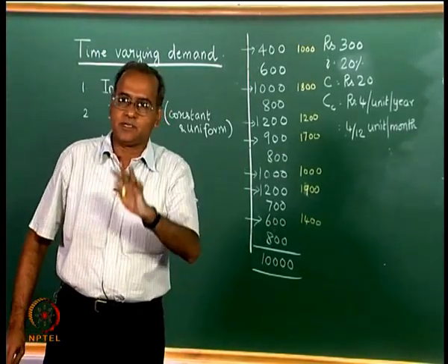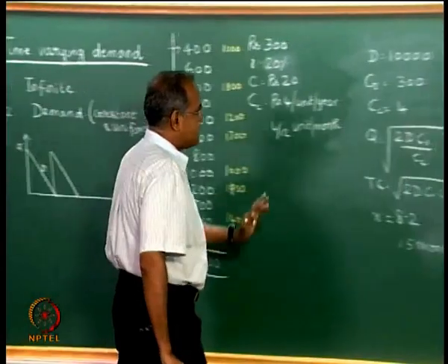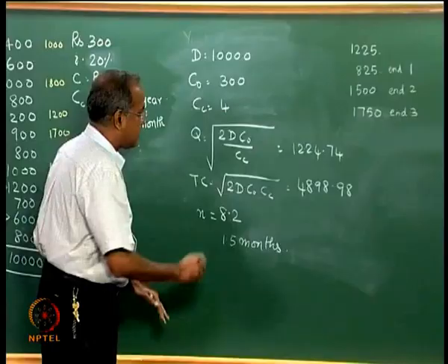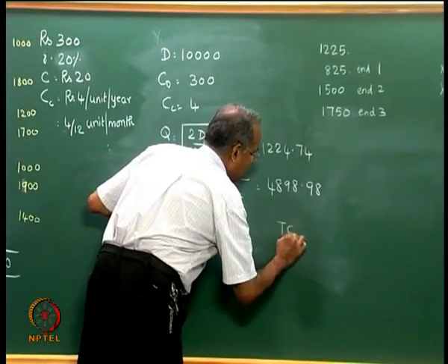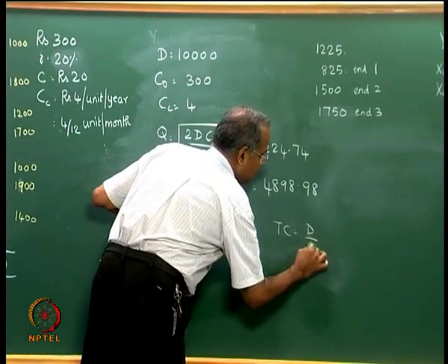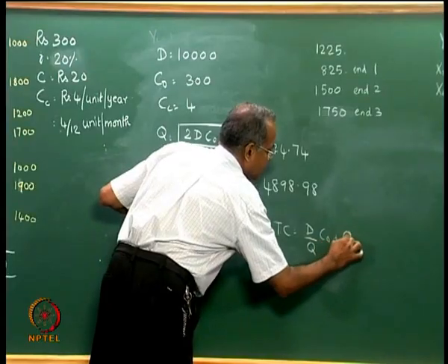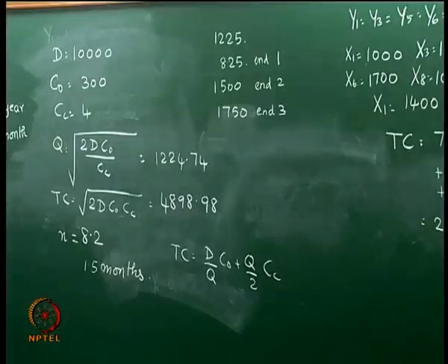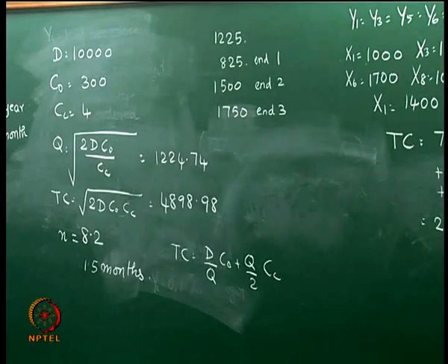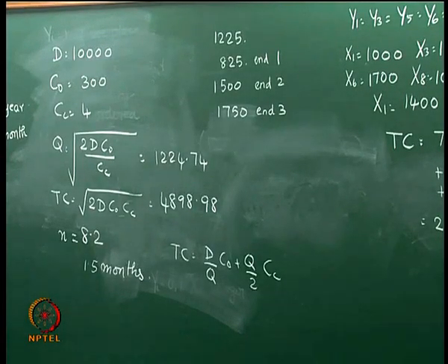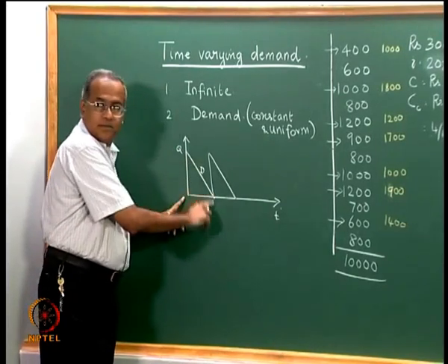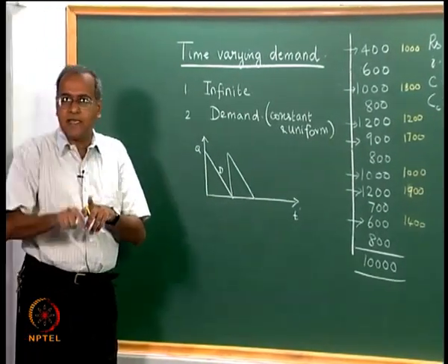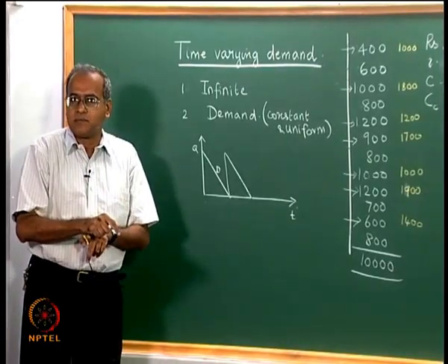Essentially the difference happens because the calculation was based on a total cost TC equal to D by Q C naught plus Q by 2 CC. Now the average inventory there was taken as Q by 2, which was based on the assumption that the demand is D in every instance.